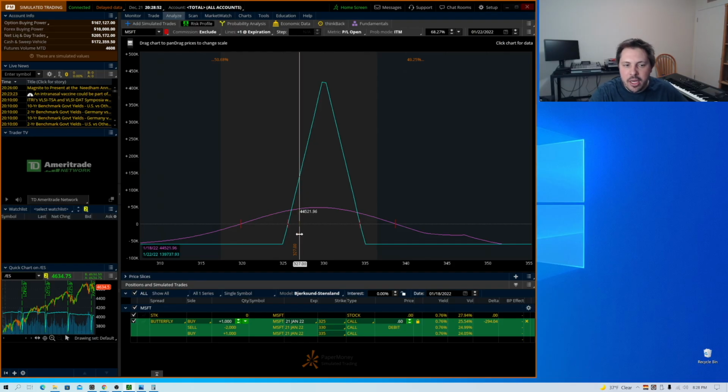You might not even need to hold it till expiration to yield a profit, and you don't necessarily need to be right on the direction. There's quite a bit of play here where the market could fluctuate inside of this butterfly and you can still make money. That is the power of understanding the way these things work.